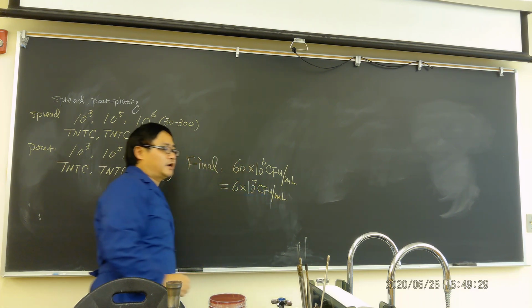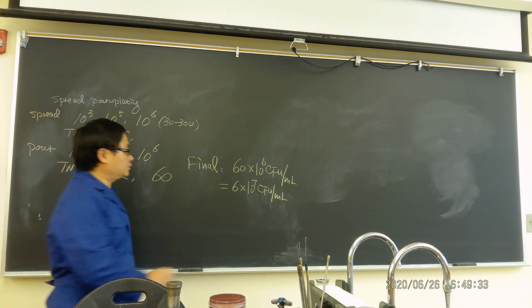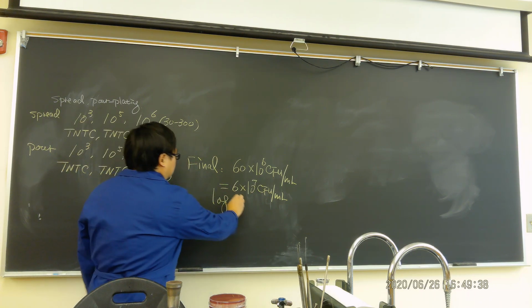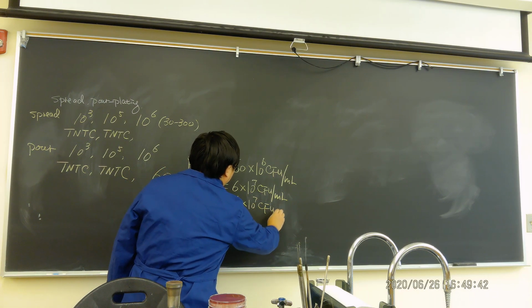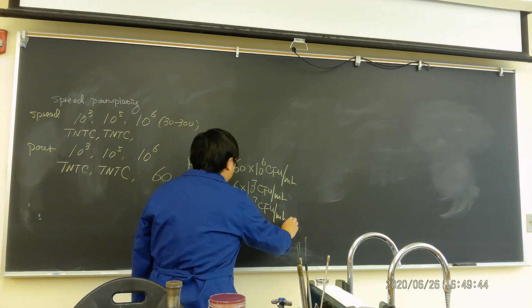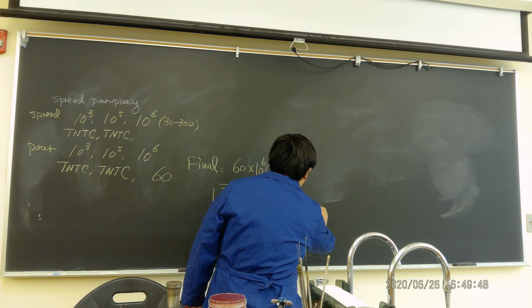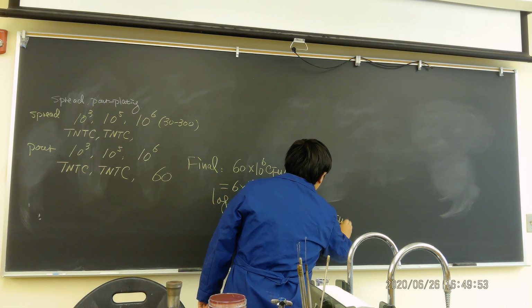Now most of the time for microorganisms, we change them to log 10. So 6 multiplied by 10 to the 7 CFU per ml. What is the result? It's approximately 7.7 log 10 CFU per ml.